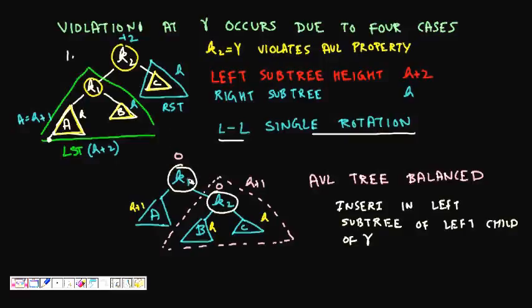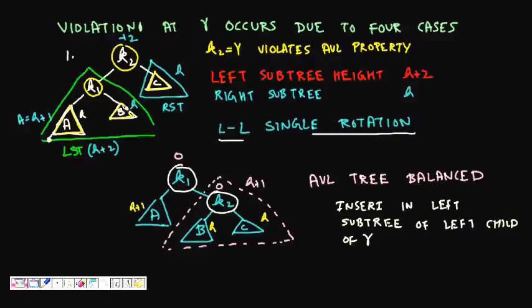So K1 becomes the root. Then I can have K2 as the right child of K1. If I make K2 the right child of K1, where will subtree B go? I know from the BST property that everything in subtree B is greater than K1, and less than K2.